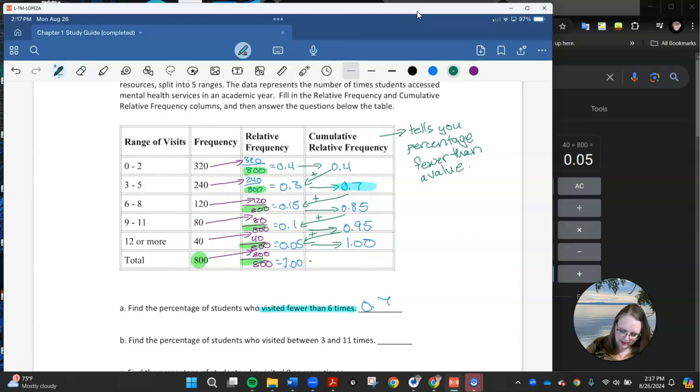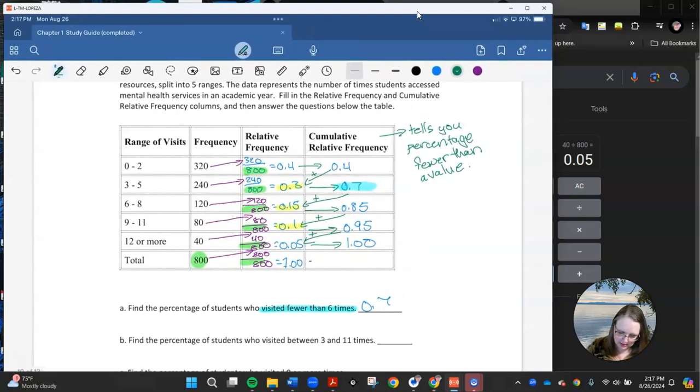If I want to find the percentage of students who visited between 3 and 11 times, this one I'm going to go to the relative frequency. So these students visited, these students visited, these students visited. That's all of the students that visited between 3 and 11.